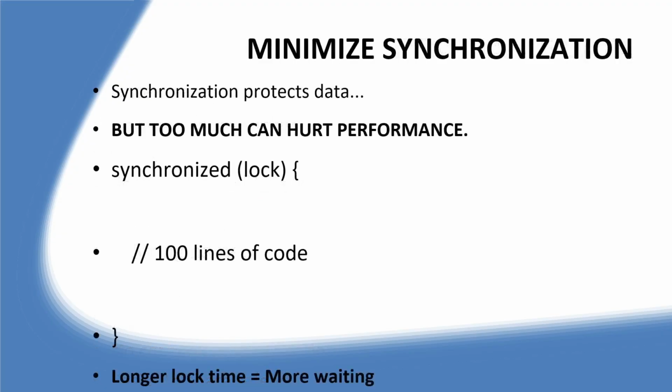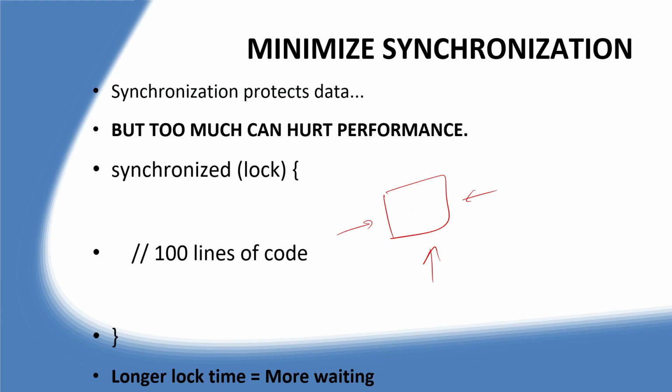Now the second best practice is minimize synchronization. Synchronization is essential when multiple threads need coordinated access to shared mutable data. So we have synchronized code and multiple threads want to use it. In such cases, we will go for synchronization. But synchronization also means threads may have to wait for locks.